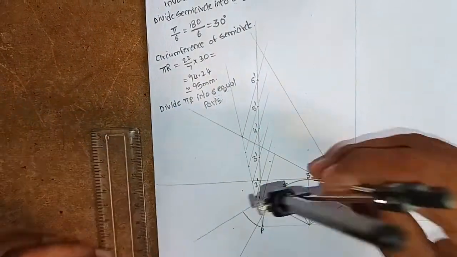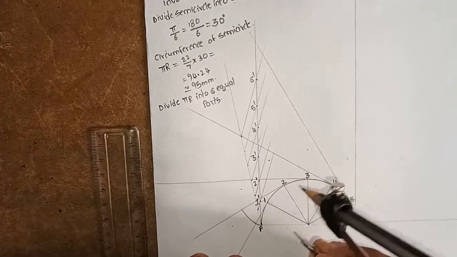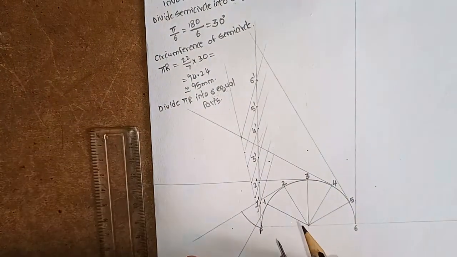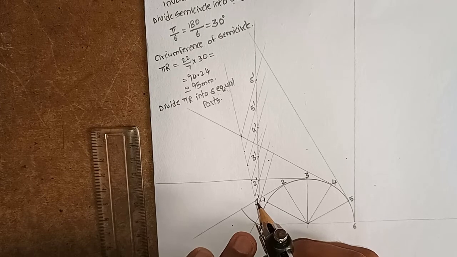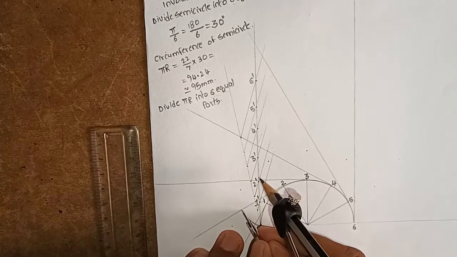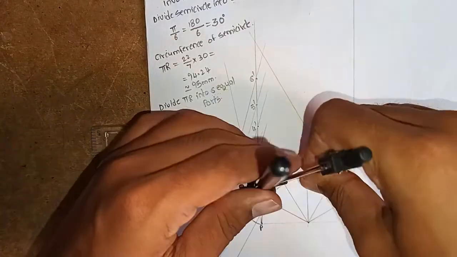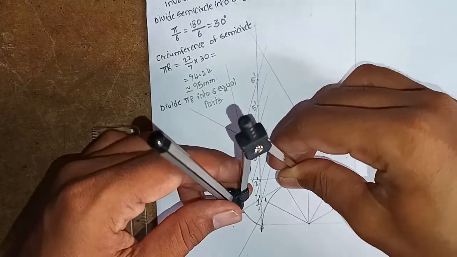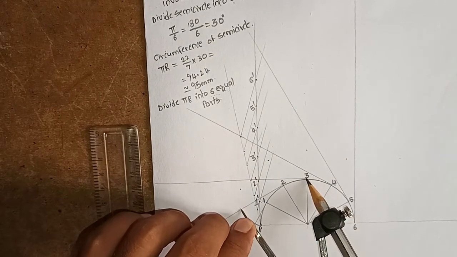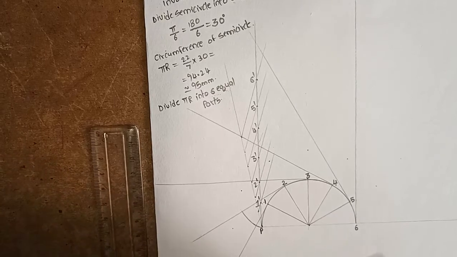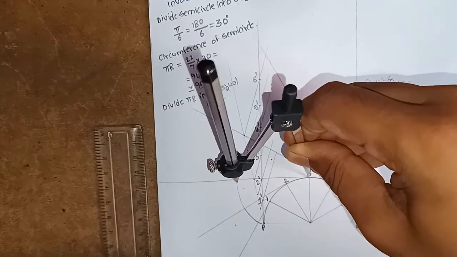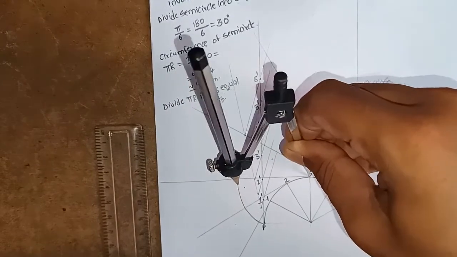Next 3 and that new point, whatever we had got there, from 3 we have to take the arc up to the third line.